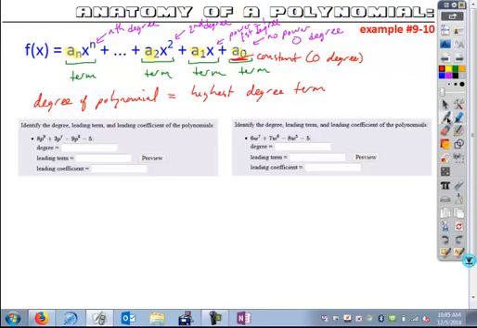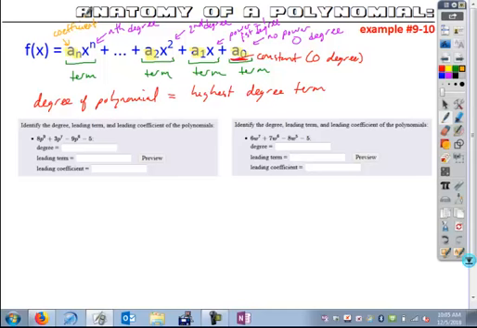Each of those numbers is also called a coefficient. Every individual term has a coefficient, and the leading coefficient is going to be the coefficient of whatever the first term is.